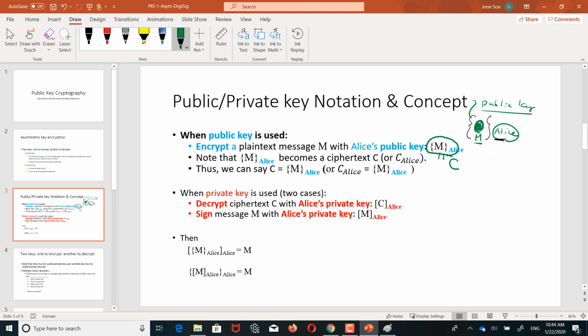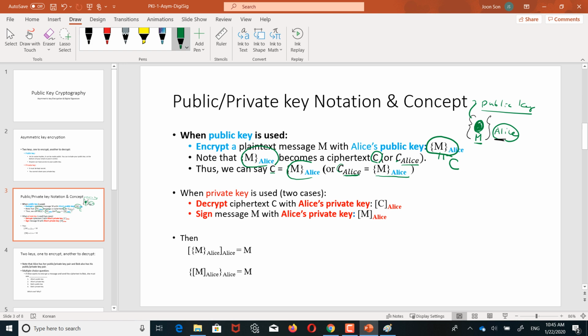This becomes ciphertext, and that's why this whole thing becomes a ciphertext C. Or if you want to be more specific, you can say C with subscript Alice, meaning that the ciphertext is created by Alice. So we can say the ciphertext is M Alice, or we simply say ciphertext C Alice, meaning that the ciphertext is created by Alice with this notation.